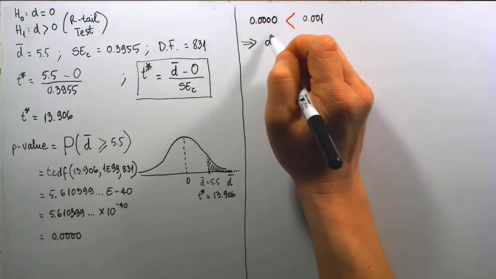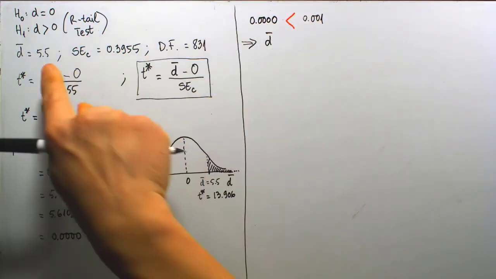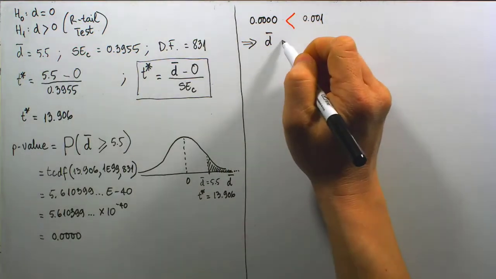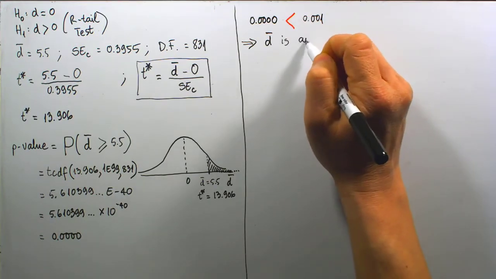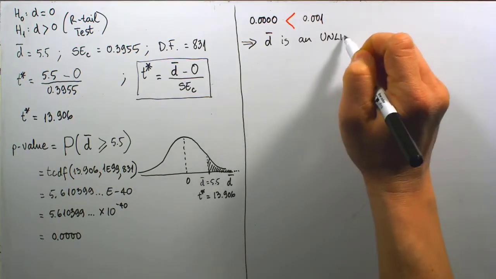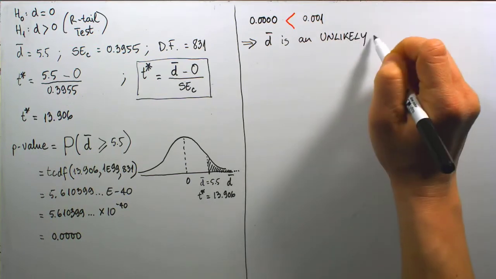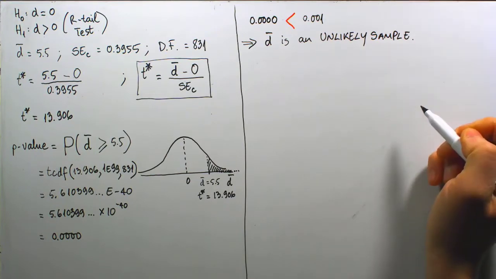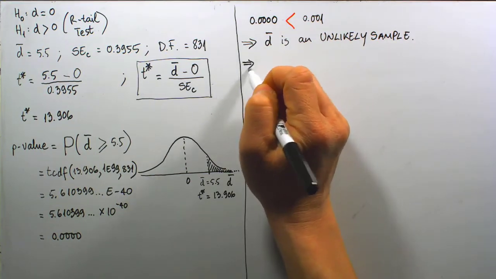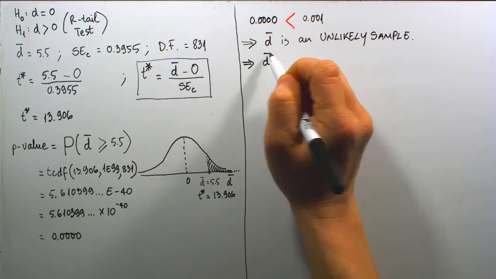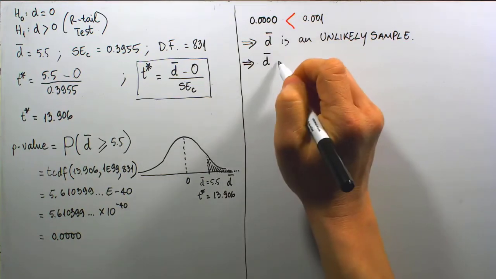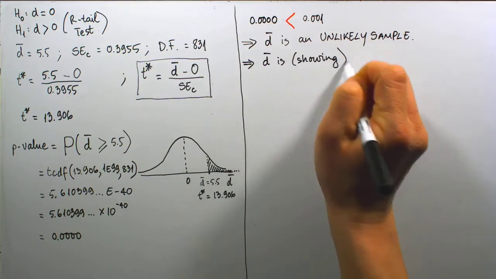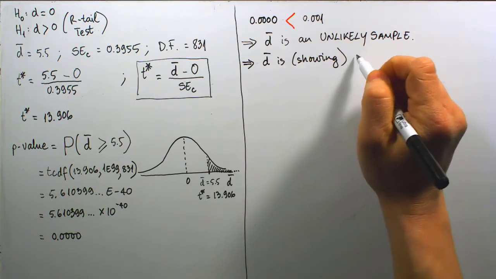So upon realizing that our p-value falls below the significance level, we come to the following conclusion. That means our d bar, the sampling difference in the two sample means of our own sample, is an unlikely sample. Which further leads to the conclusion that our d bar is strong evidence.